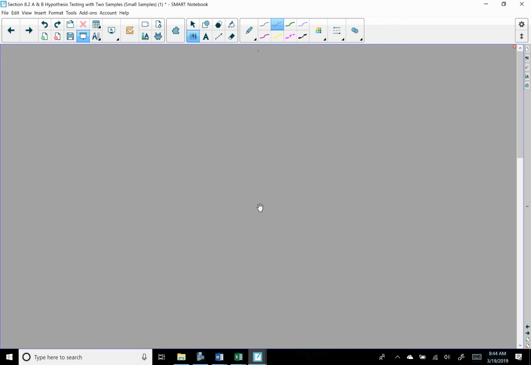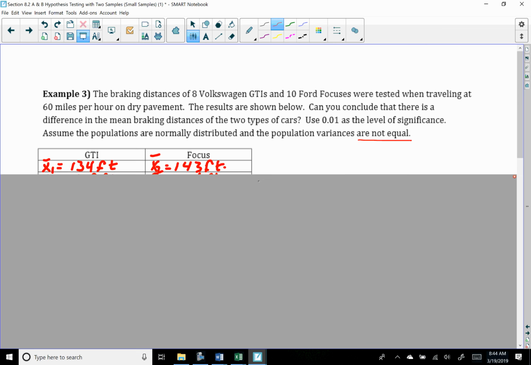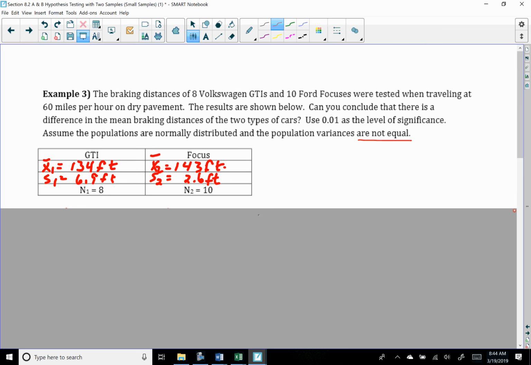So we'd have to state the null and alternative hypotheses. It says, can you conclude that there is a difference in the mean braking distances? Difference tells me that we're testing that this is not equal, right? Difference just means different.